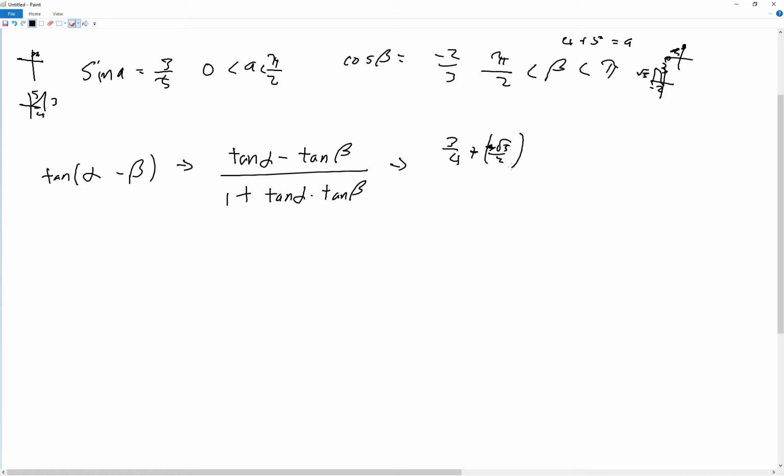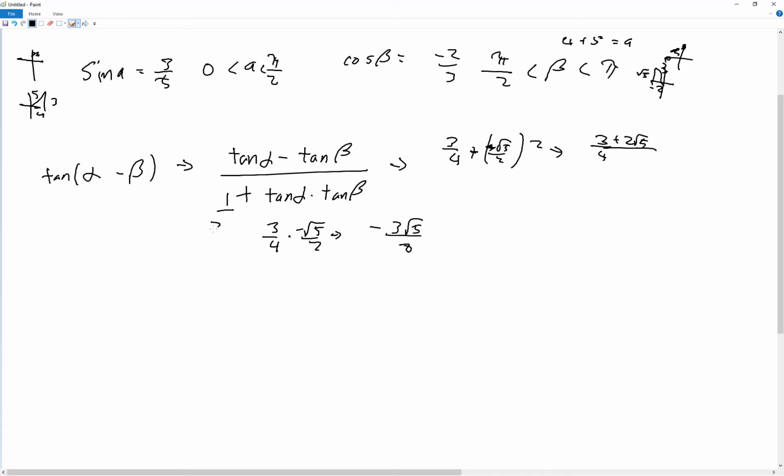If we multiply this term by 2 to get the common denominator, you get 3 over 4 plus 2 square root 5 over 4. For the denominator, tan alpha times tan beta is 3 over 4 times negative square root 5 over 2, which is negative 3 square root 5 over 8.